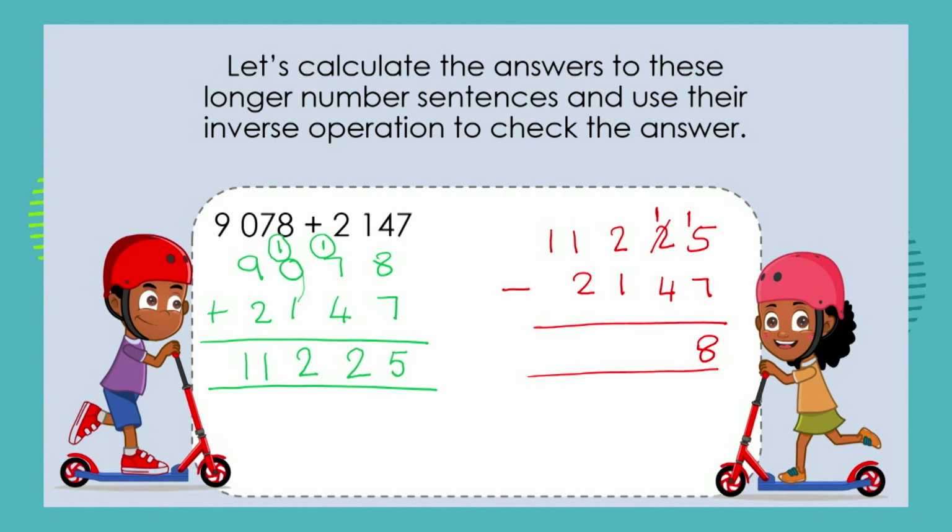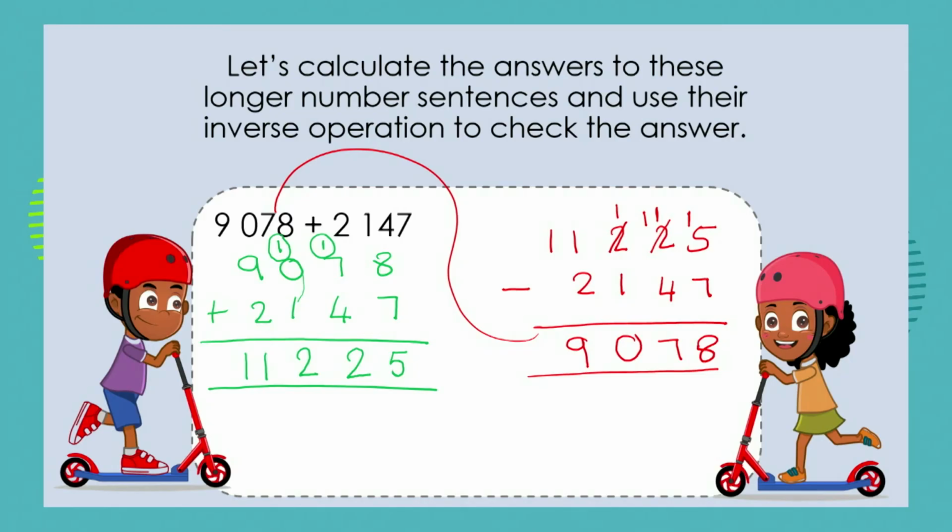So we again borrow from the neighbor, make this 2 a 1 and make this a 11. 11 minus 4 gives us 7. Now we take 1 minus 1, which gives us 0, and 11 minus 2, which gives us 9, which gave us now 9,078, which is our original question.